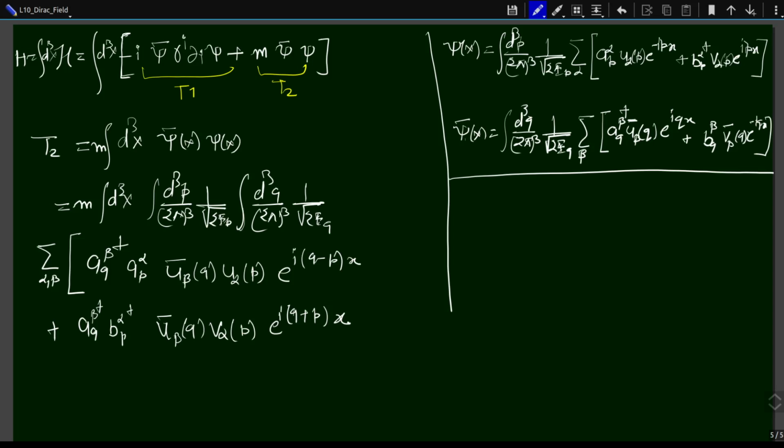I should have written this actually in the Schrodinger picture, so my apologies here. This doesn't have a minus and this has a minus, and when I do a complex conjugate, this doesn't have one and this has a minus. That makes the overall sign minus.